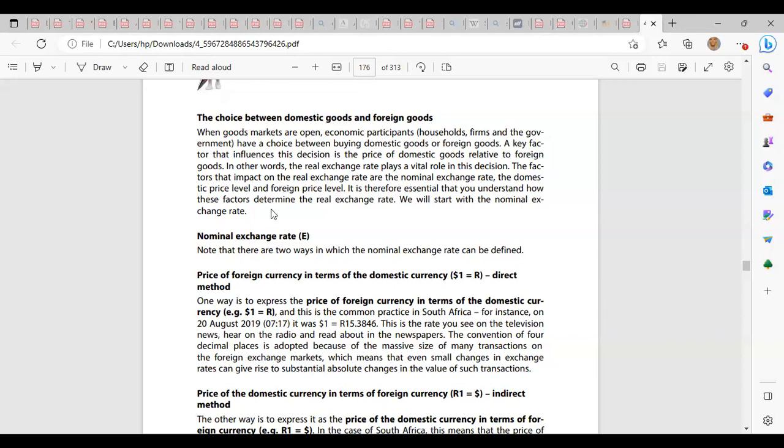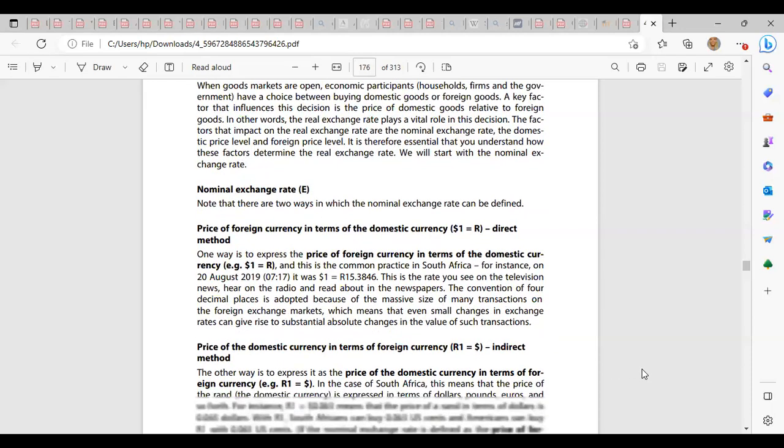So now let's talk about the nominal exchange rate. There are two ways in which the nominal exchange rate can be defined. The first is the price of foreign currency in terms of domestic currency, so $1 is to such and such an amount of rands. And then we'll have the indirect method.